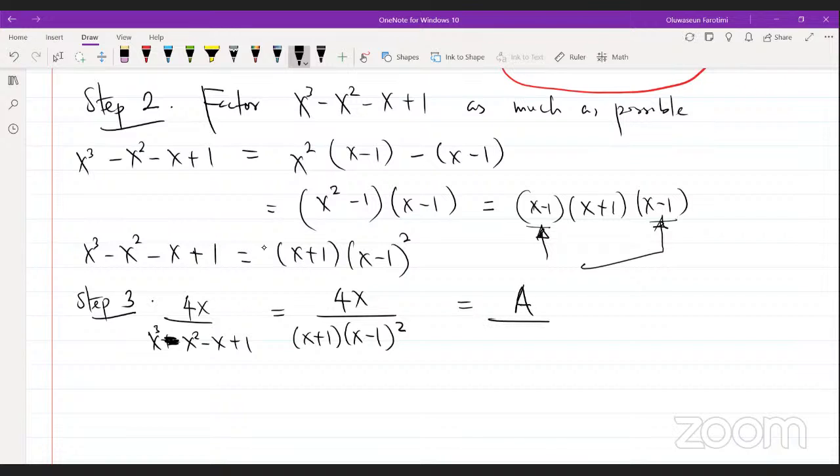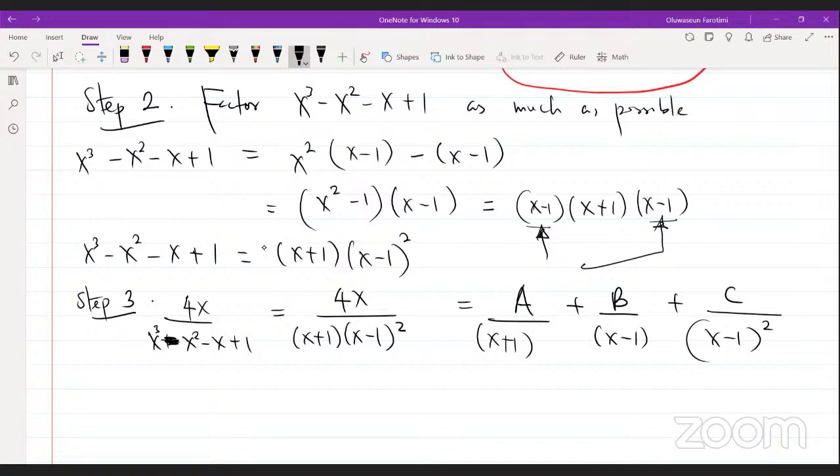A divided by x plus 1, the linear part is always just going to have a constant by itself, A. But this one is linear but repeated. So that means I'm going to do B over x minus 1 plus C divided by x minus 1 all squared. Amazing, right? So you see that there's a difference right now.